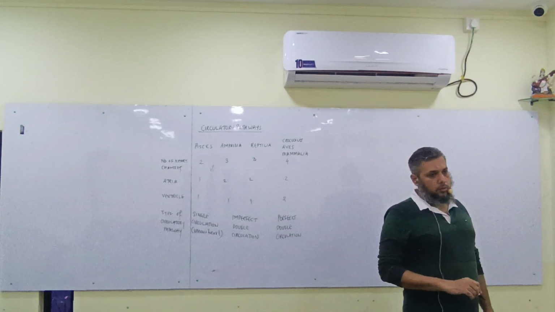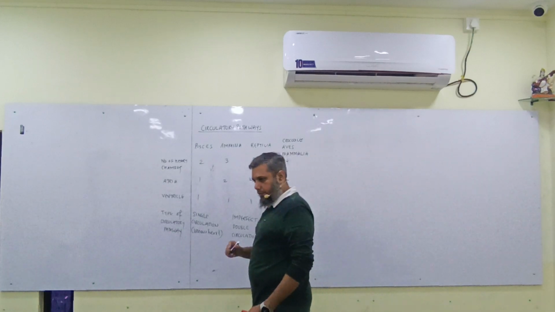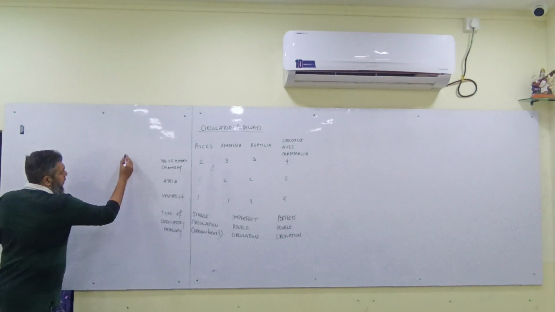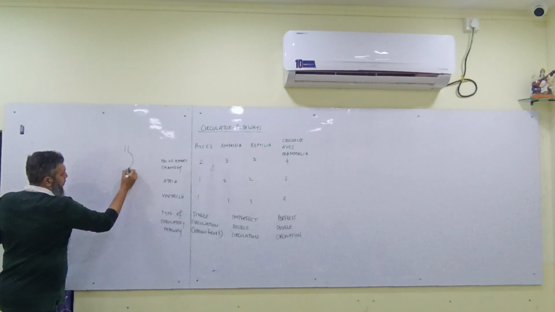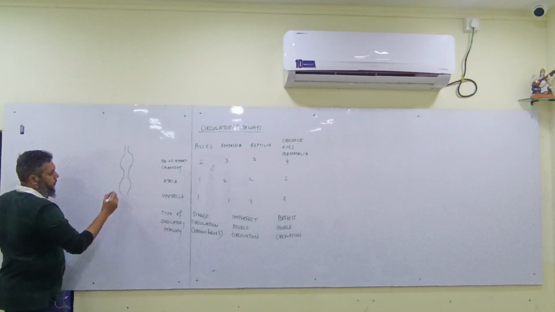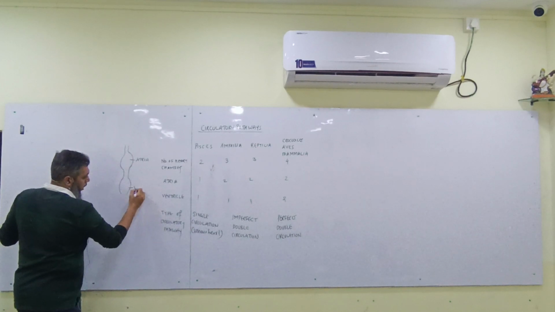Okay? Now then, let us discuss the Pisces. In the case of fishes, the heart has two chambers. The receiving chamber, that is the atria, which opens into the ventricles. So there is one atria and one ventricle.